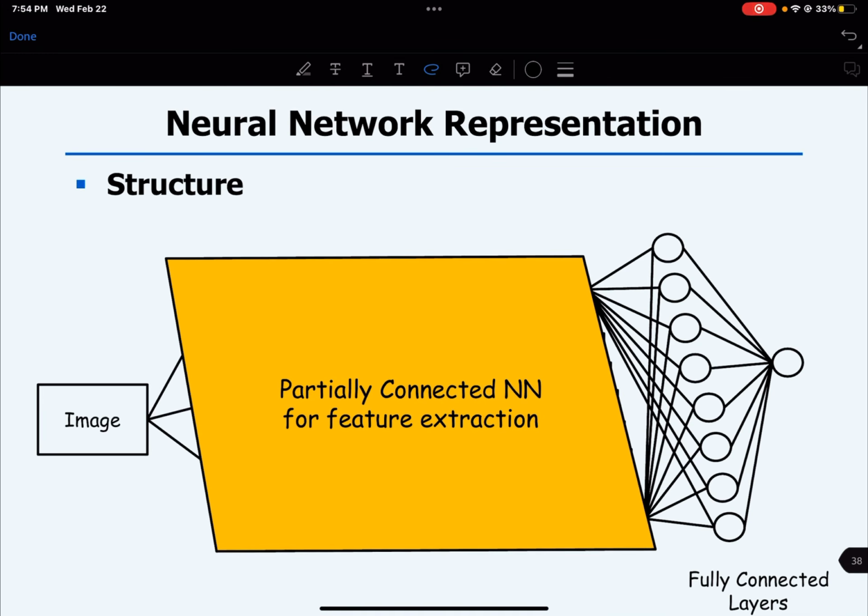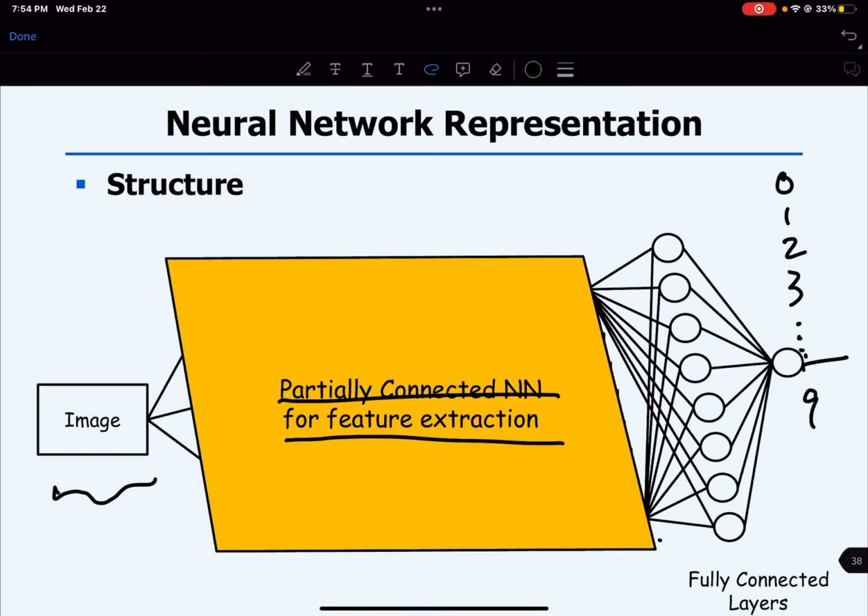Previously we studied that an MLP has a fully connected network, but the convolutional neural network is partially connected, and the purpose is to extract the features for a given input image and classify it into some category, such as digit classification or image classification.